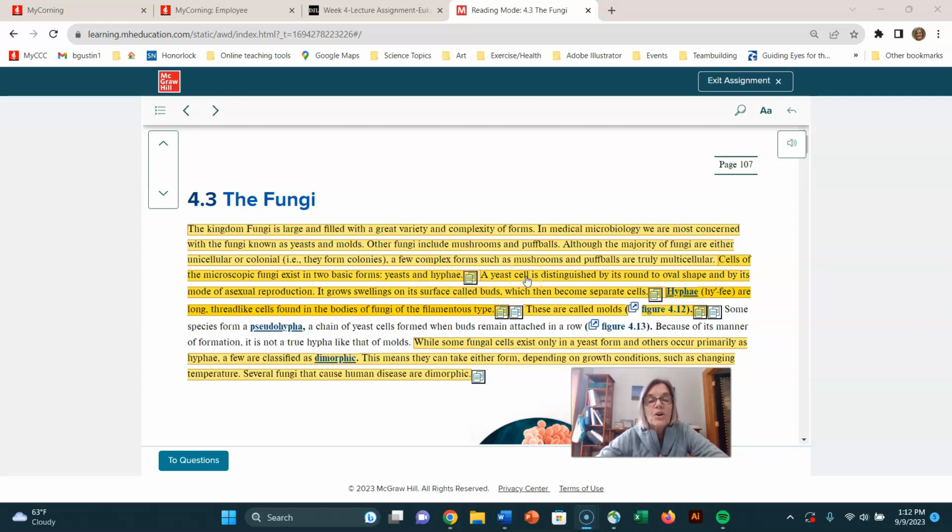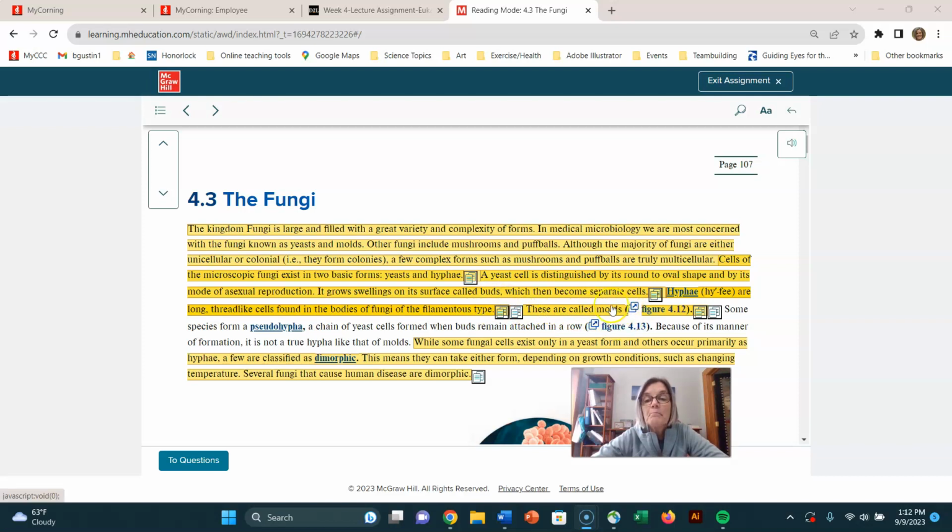Yeasts are round to oval shaped cells, and you can look at them under the microscope. Because they're eukaryotes, they tend to be larger than bacterial cells. And the hyphae are microscopic thread-like or hair-like filamentous structures.